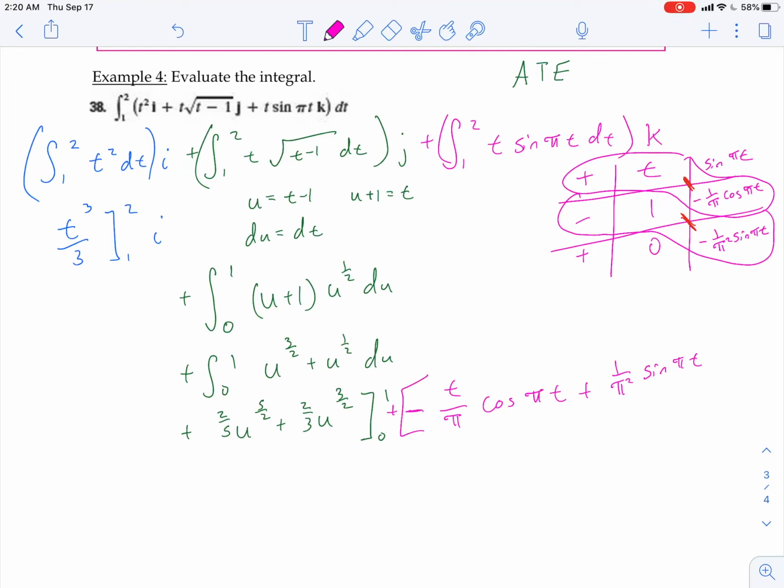I'm going to keep the minus sign in front, but also put a plus sign here from integration because I don't want people to get confused and think they need to distribute that negative throughout. And we didn't do any u substitution, so our integral is still from 1 to 2.